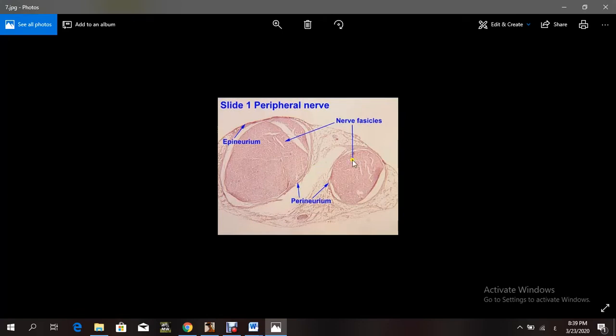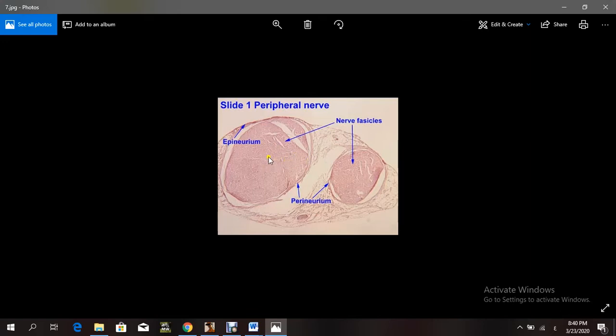This is how the peripheral nerves appear at low magnification. The perineurium surrounds a group of fibers, while the epineurium surrounds the whole nerve. So it's a peripheral nerve or nerve trunk at lower magnification.